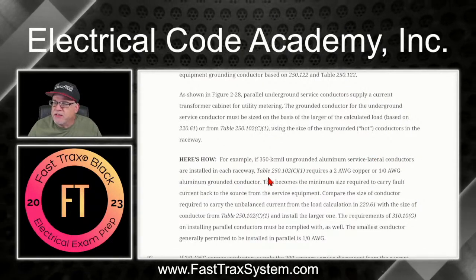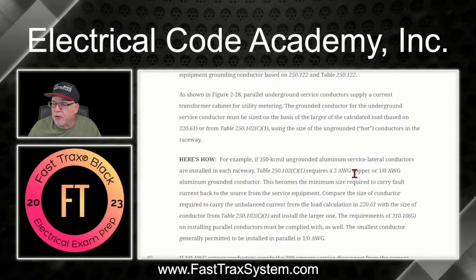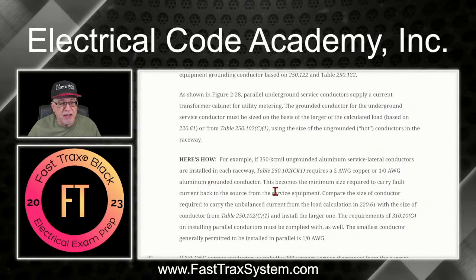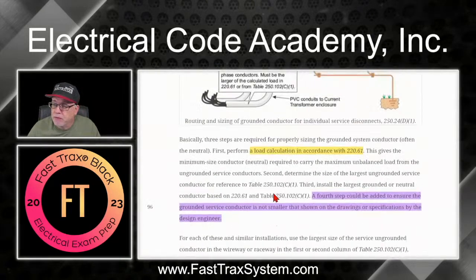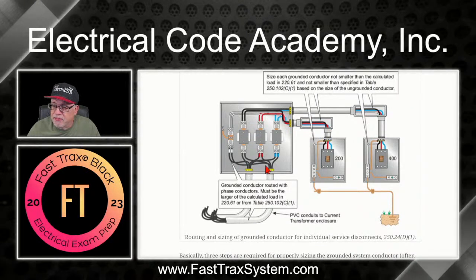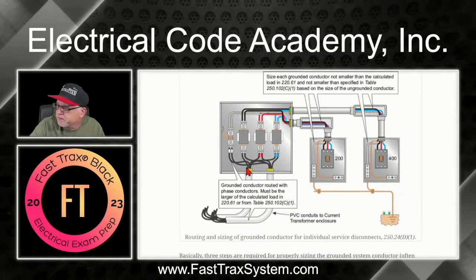Okay. Table 250.102(C)(1) requires a 2 copper or 1/0 aluminum. Okay, so 350 again, right here, right? So we're running 350s in each one of these. So here's the 350. We would go over to the code.